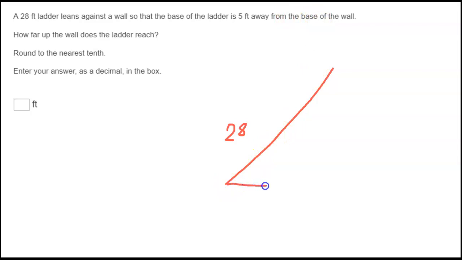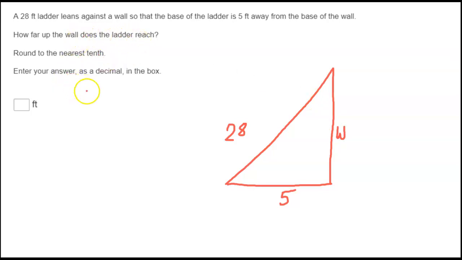So here's the base of the ladder, and it's 5 feet away from the base of the wall. So then here's the wall, and this is the side that we do not know, which we would call the wall.